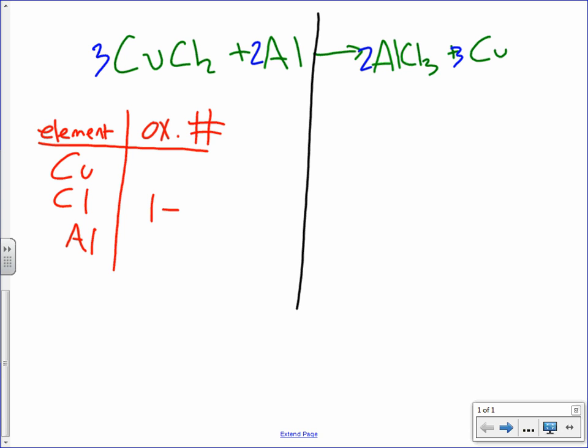Now copper, being a transition metal, can have different charges, but in this case, since there are 2 chlorines and they each have a 1-, copper's got to be a 2+ to balance it out. So we say copper has an oxidation number of 2, or +2. Now aluminum, okay, by itself over here, it's an elemental form, no charge, no oxidation number. Okay, let's do the product side now.